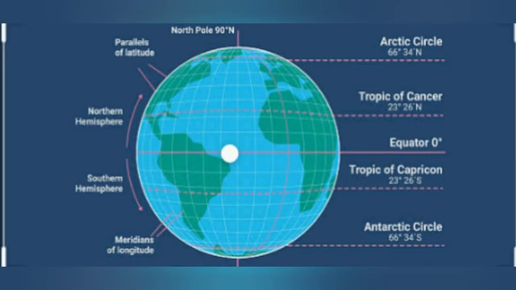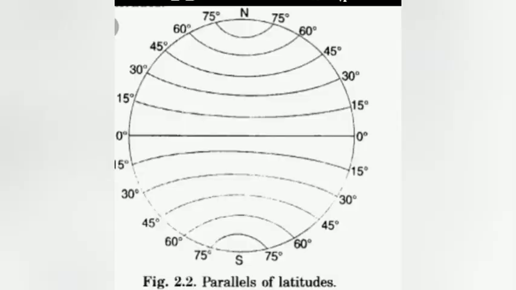That is 90 on the north side and 90 on the south, and 90 plus 90 gives 180. There is confusion why there are 181: the equator is also included, so that is 181.